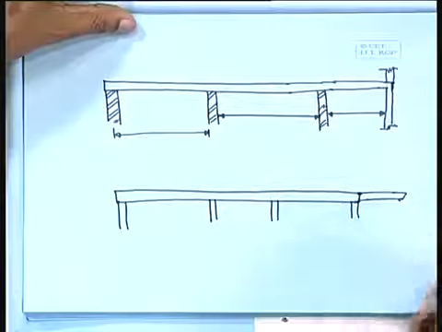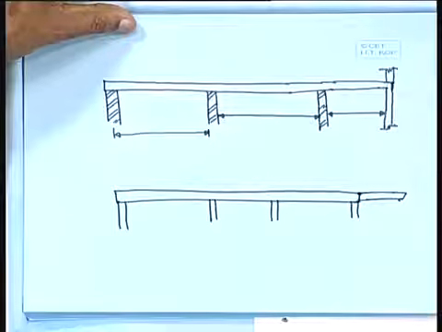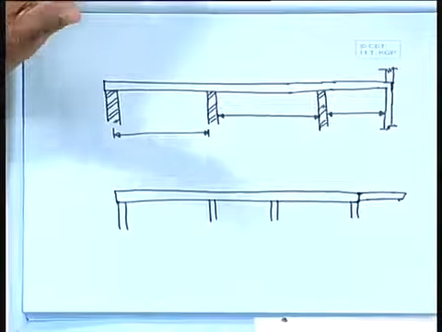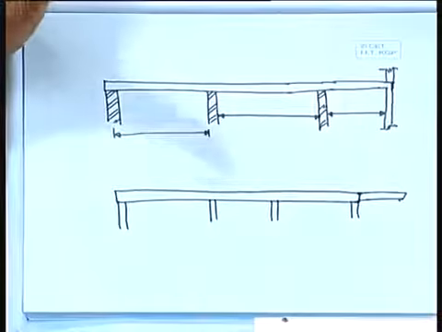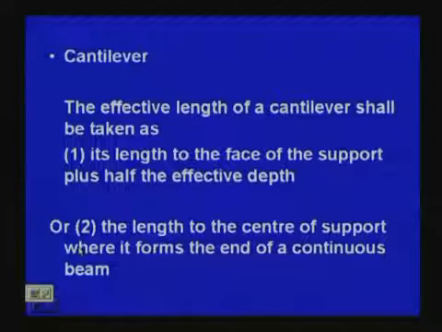So there we shall take the second case, the length to the center of support where it forms the end of a continuous beam, for that problem. So according to this, we shall decide which is the case, what is the support condition, and on the basis of that we shall find out the effective span.